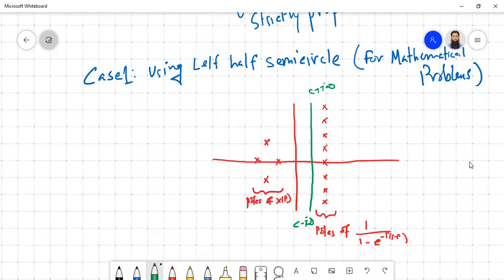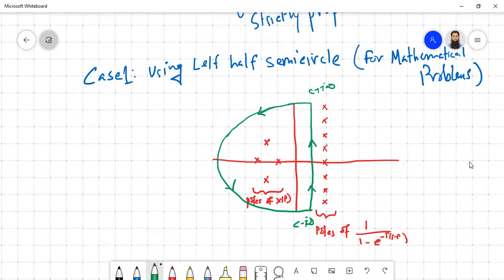I have one question in mind: if it is not separable, then what will happen? Maybe later we'll try to answer this based on some references. So far, I haven't encountered any problem with this kind of scenario. So this is your semicircle and the contour.